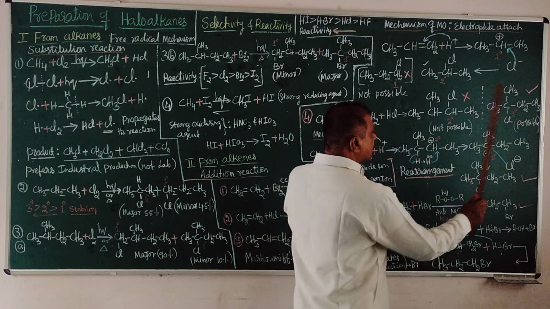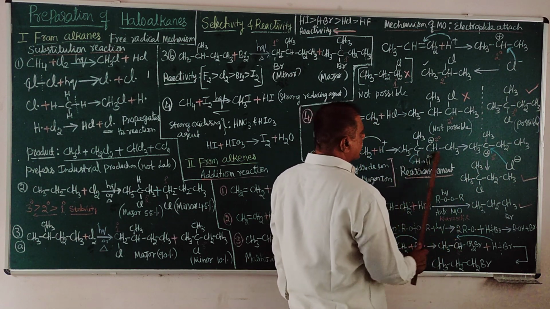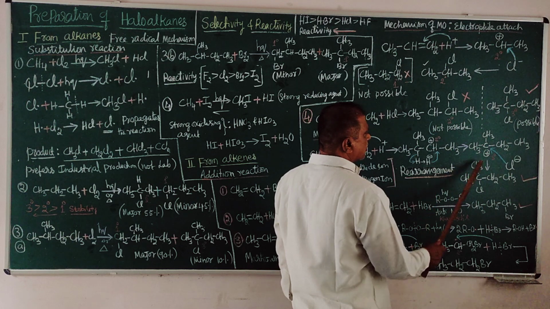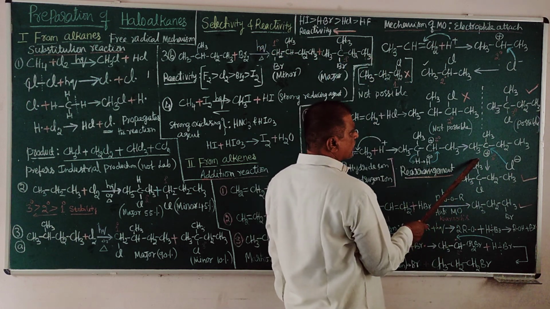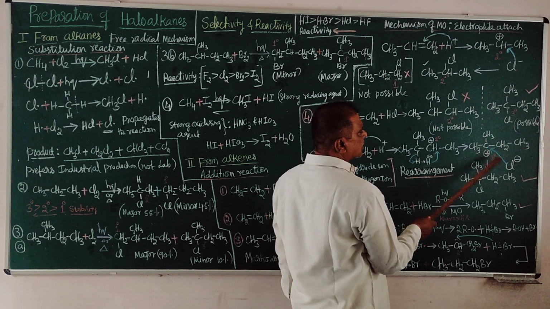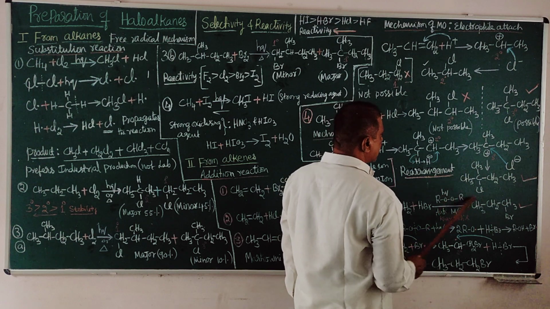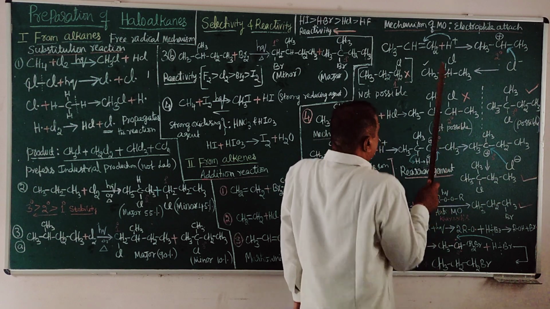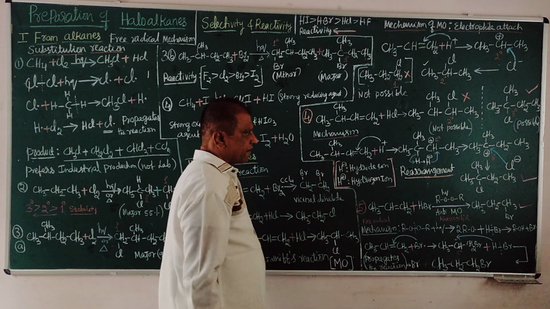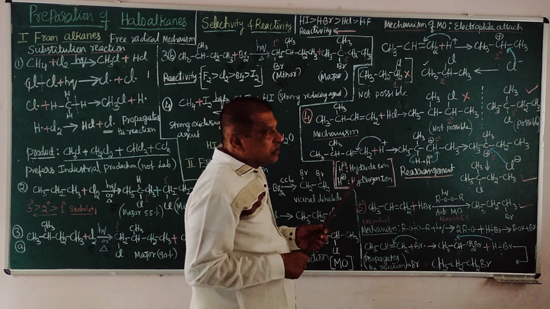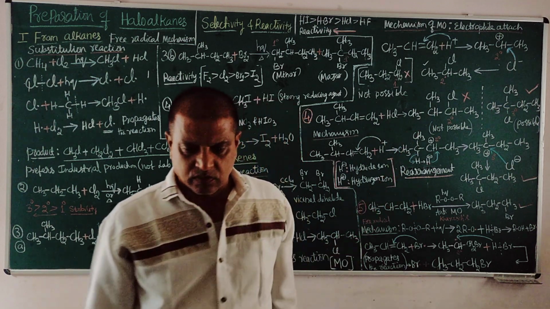For further stabilization, if there is any provision, it undergoes a rearrangement. That is called selectivity. Now after this, chlorine will attack this. That is why we get this compound, not this compound. Preferably in this case, if you have this molecule like this, that is the mechanism of electrophile attack. That is what you get.